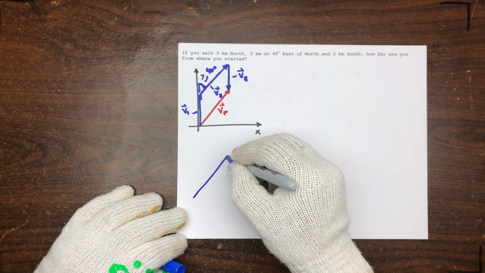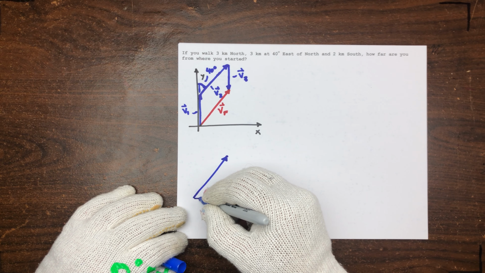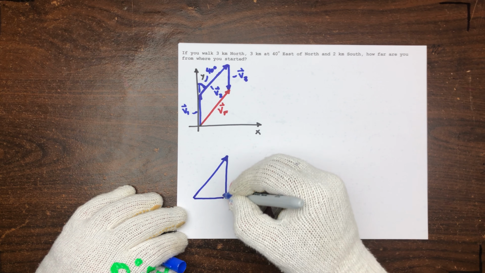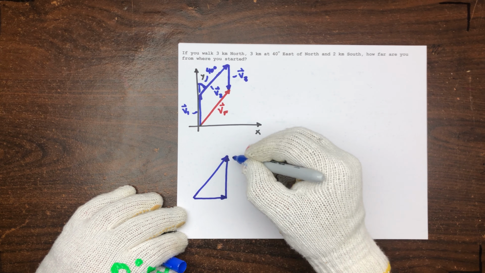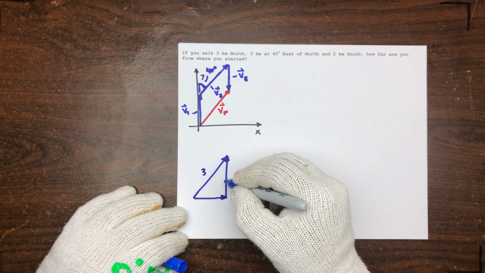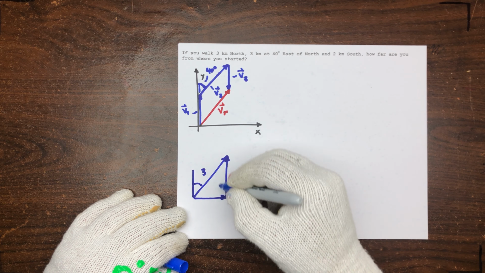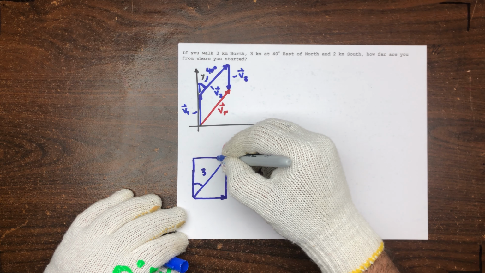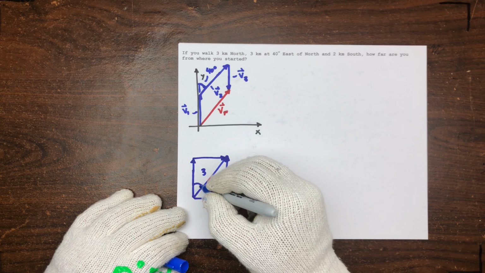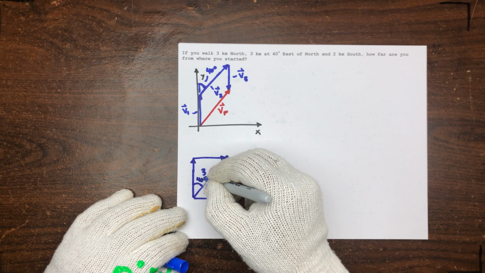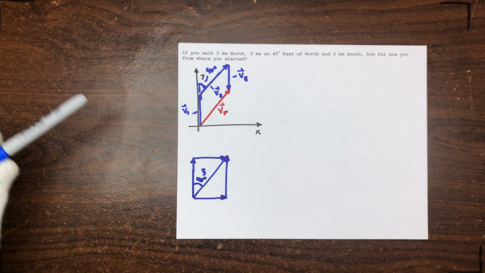Let's take that vector, extract it from the picture, and find out its components. So here it is. It was 3 kilometers at 40 degrees. Oh, I already did it wrong. I already put my triangle on the wrong side. It doesn't matter, it's the same thing, but I should put my triangle with respect to where the angle was given. So there it is. Let's forget about this bottom one.